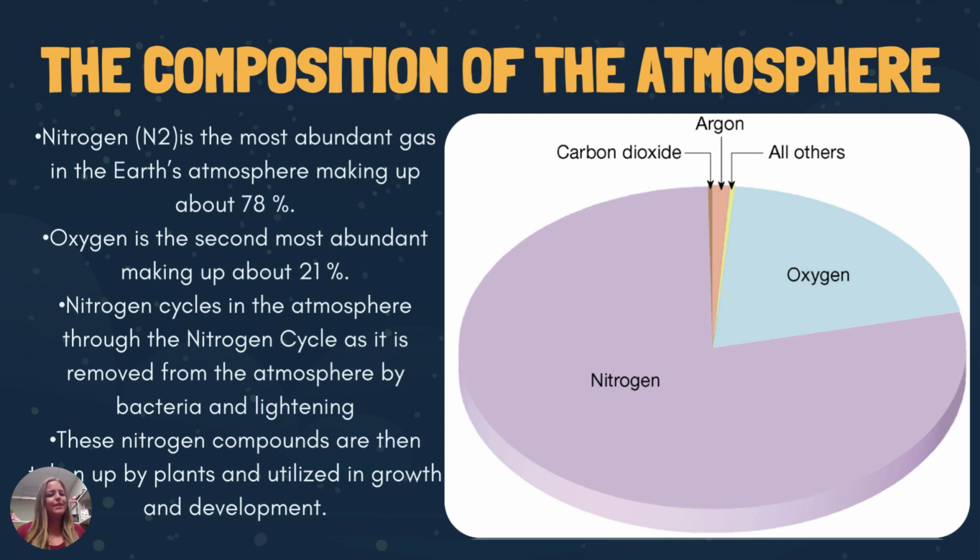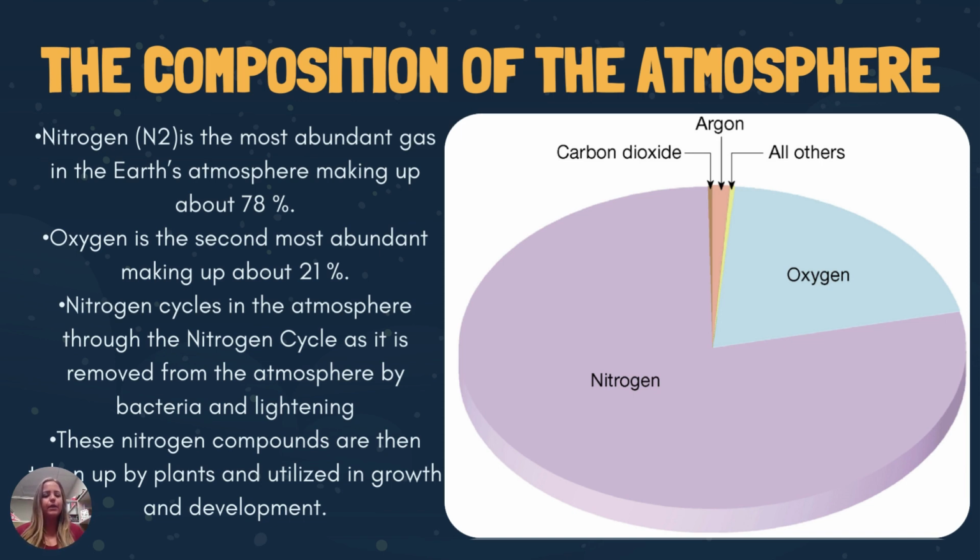Actually, about 78% of the Earth's atmosphere is nitrogen, which is important to have in addition to oxygen, which is 21%. So we do have oxygen in there, which is what we breathe. And then there's a myriad of other components as well, including carbon dioxide, argon, water vapor, of course.